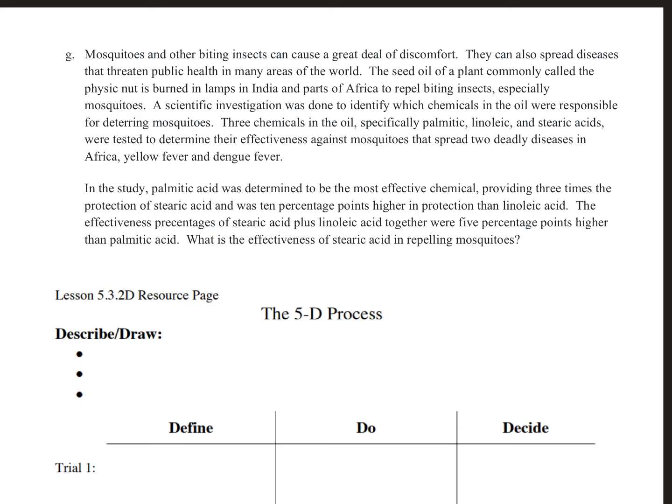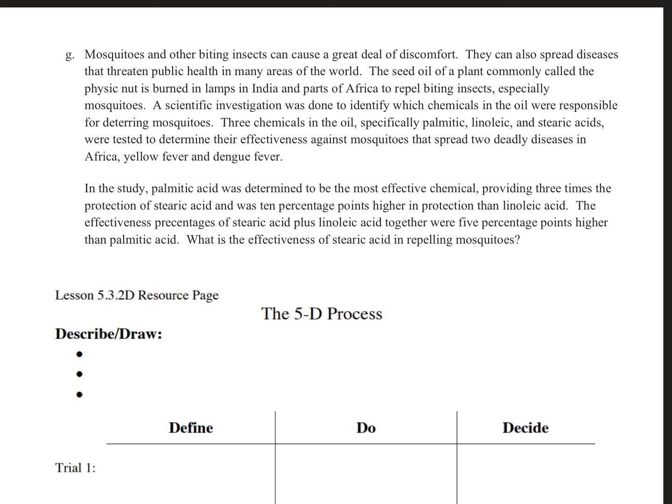Okay, so question G. Mosquitoes and other biting insects can cause a great deal of discomfort. They can also spread diseases that threaten public health in many areas of the world. The seed oil of a plant, commonly called the physic nut, is burned in lamps in India and parts of Africa to repel biting insects, especially mosquitoes.